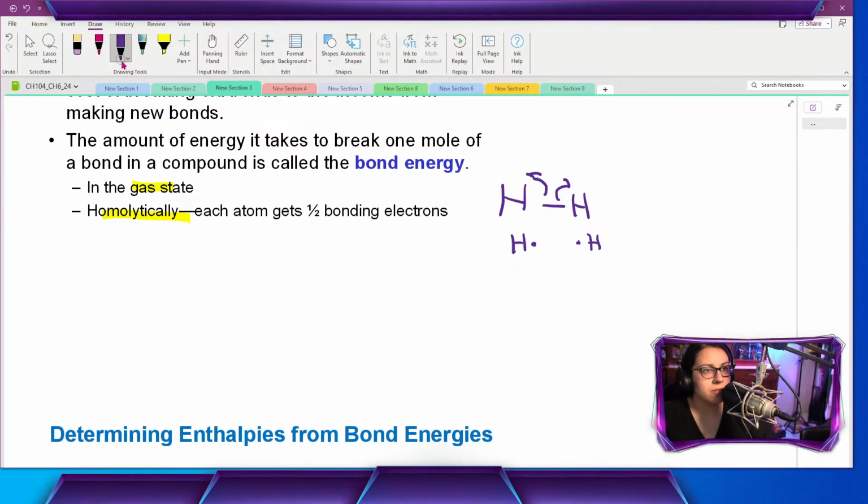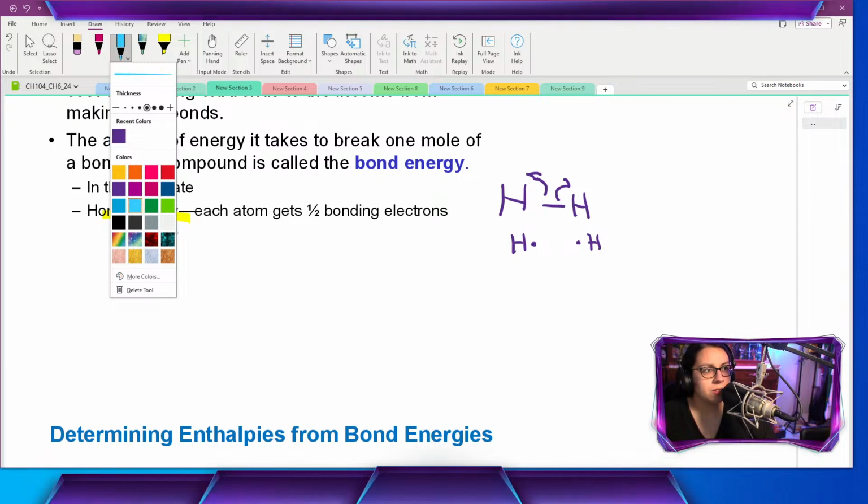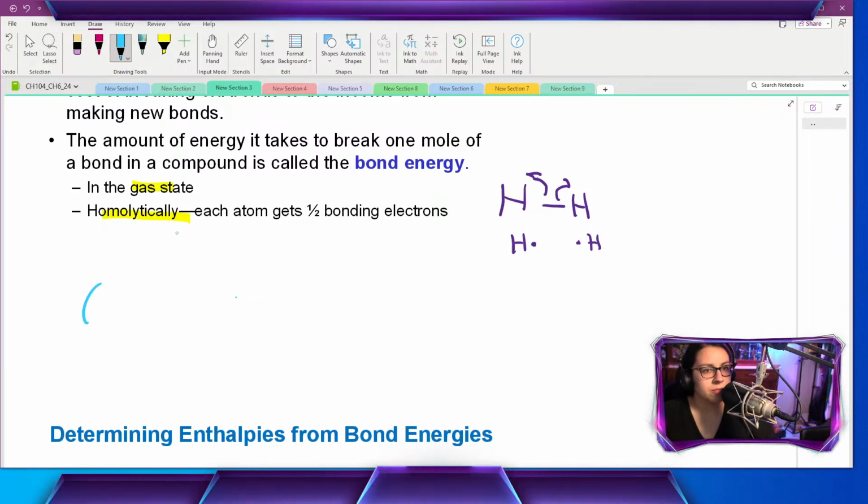This is kind of an aside, but still good to know. Heterolytic would mean that they break unevenly.